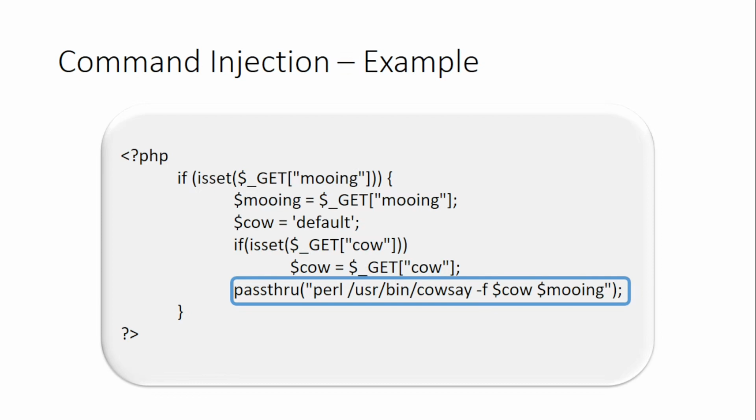So if we look here, the command is formed by concatenating the two variables cow and mooing. Since we can manipulate those two variables, we could try injecting additional commands by using simple tricks.